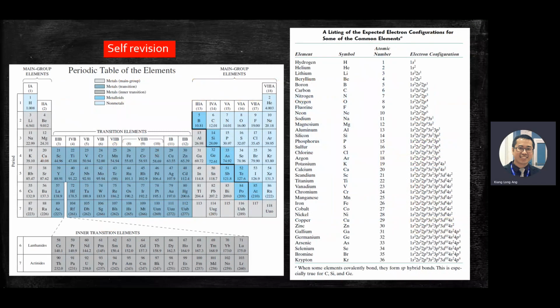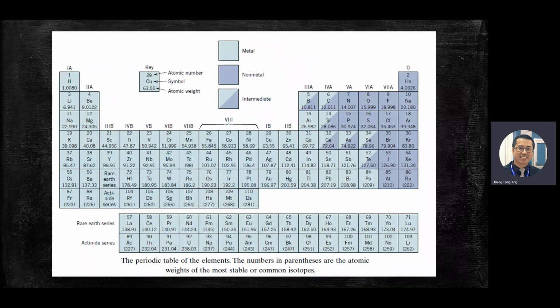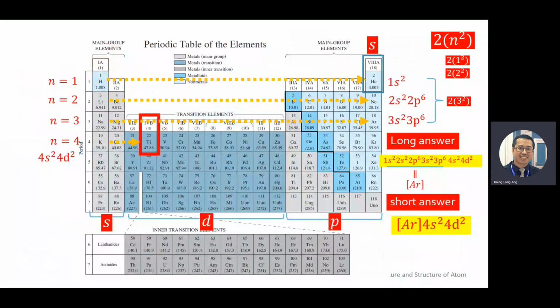Yeah, so like this one, the 3D square is there. So just be careful on the D transition element. Okay. Transition element, especially, just take note of that.